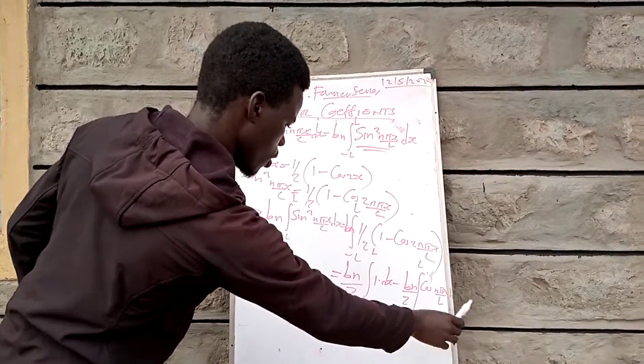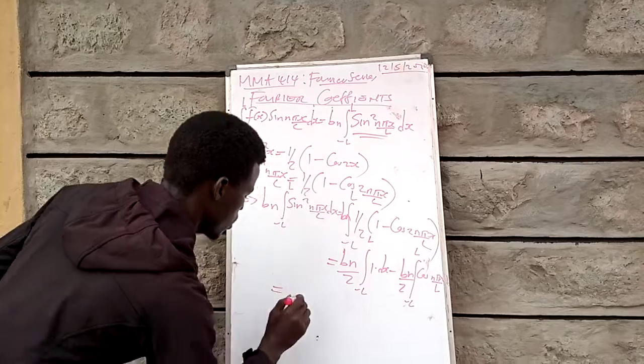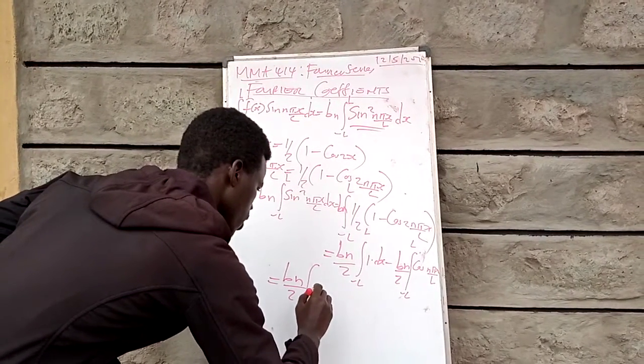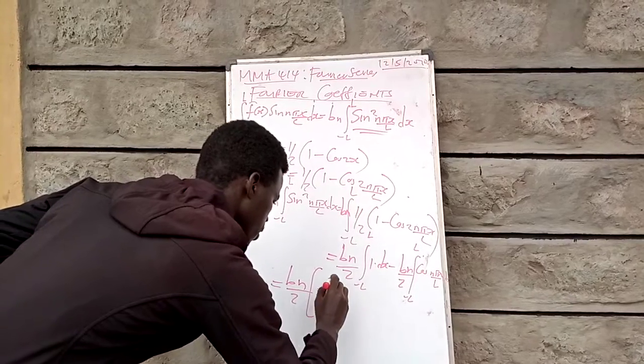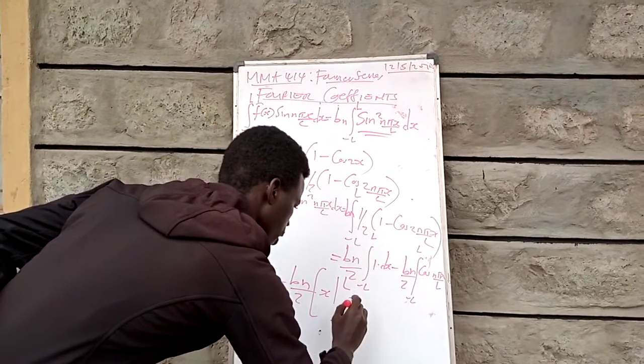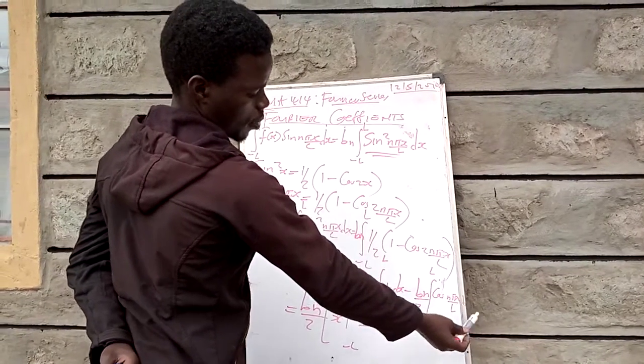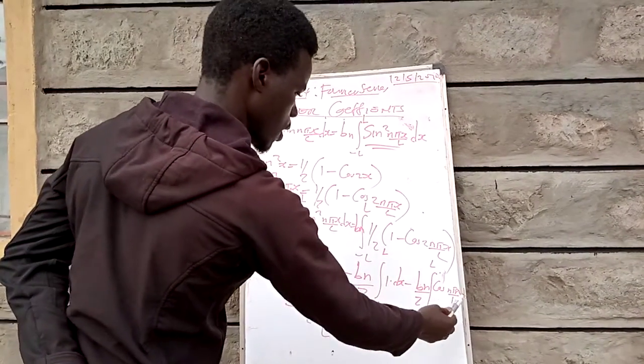So we proceed on with the integral. It will be bn all over 2 times x from negative L to L, minus, if you integrate cos n pi x over L, you get sine.